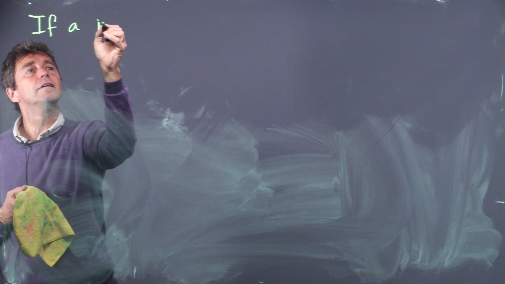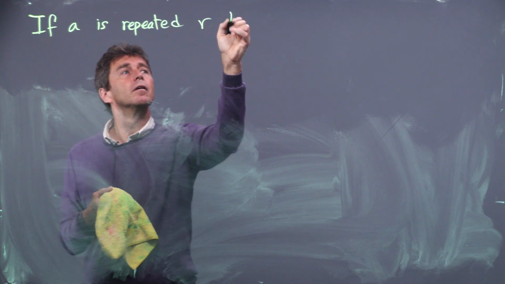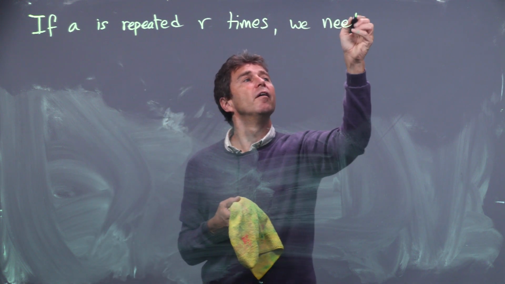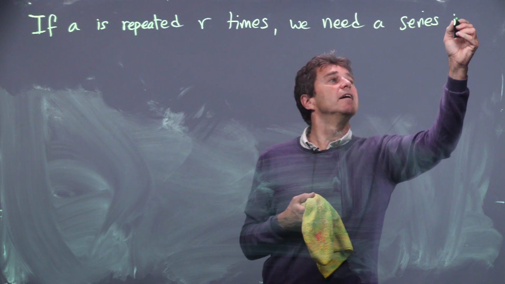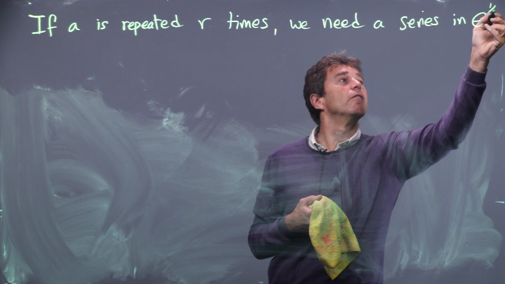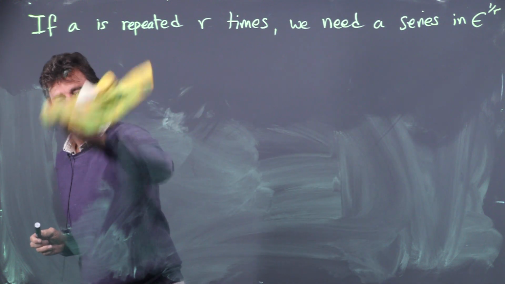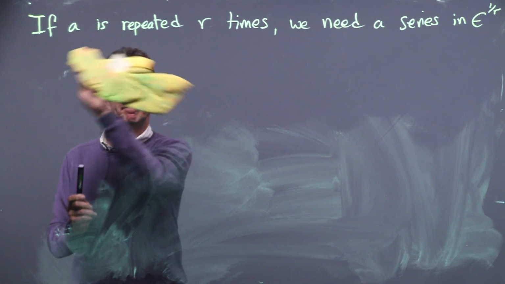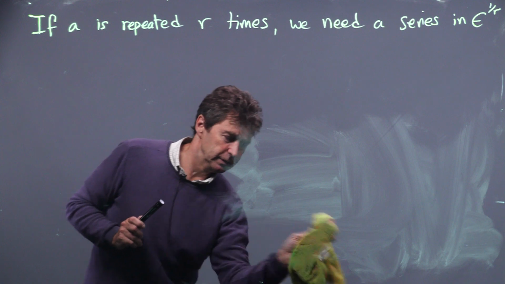If lambda is repeated r times, we need the series in epsilon to the 1 over r. Now that's when you only have one eigenvector. I'll come back to that at the very end, but we're almost there.